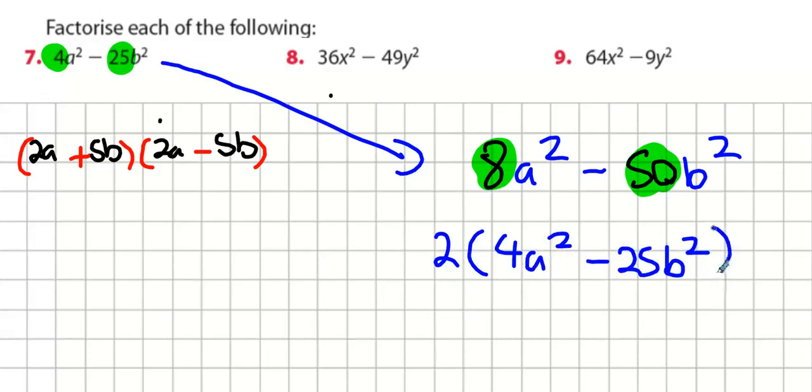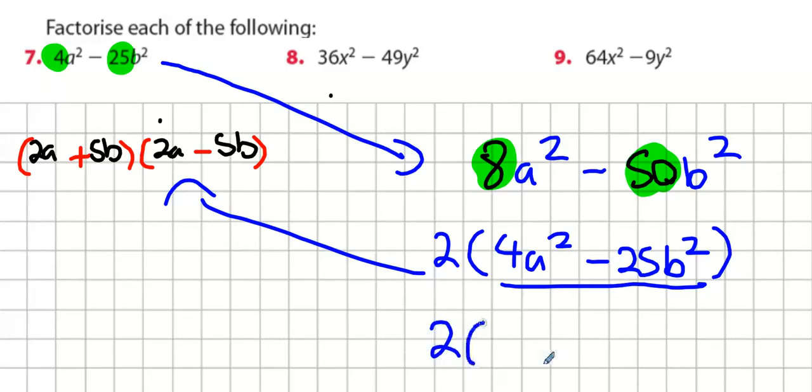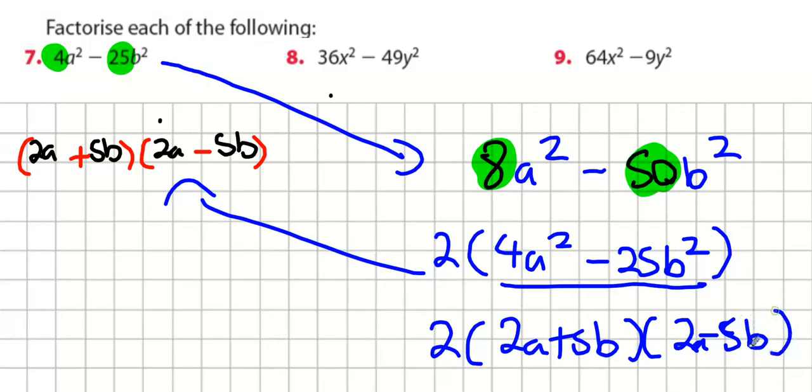Okay. And we know the answer for this part already. We have it over here, don't we? So what can we say the answer is? 2 times 2a plus 5b minus, yeah. So that's considered a very difficult question.